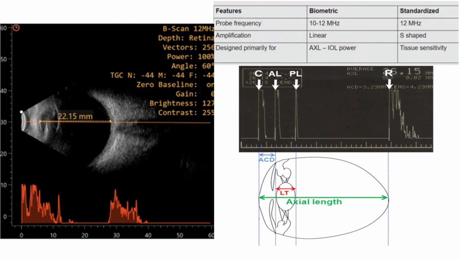First, this A scan is of the biometric variety, which we usually use for axial power calculation. The first high amplitude deflection comes from the cornea. The second high amplitude shows as the anterior lens capsule. The second waveform comes from the posterior lens capsule.